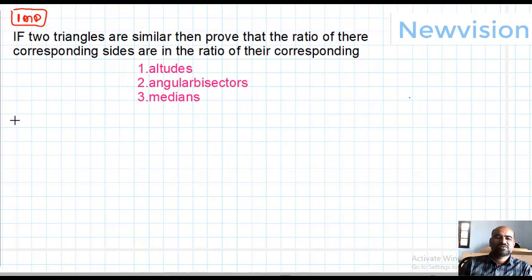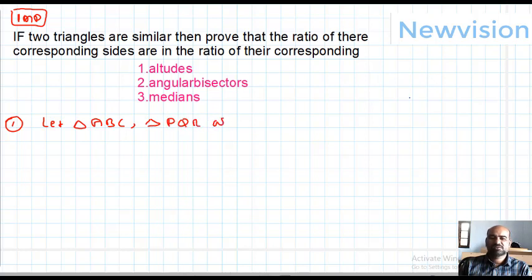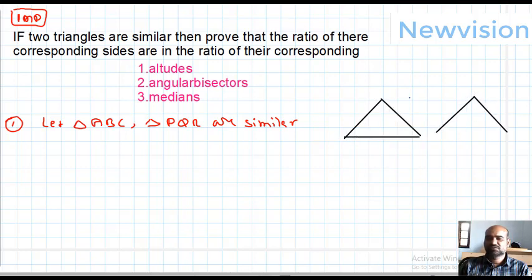Okay, now one by one. First one, let triangle ABC and triangle PQR be similar, in this order only. So first of all, I will draw the diagram for that. This is one triangle, this is another triangle.